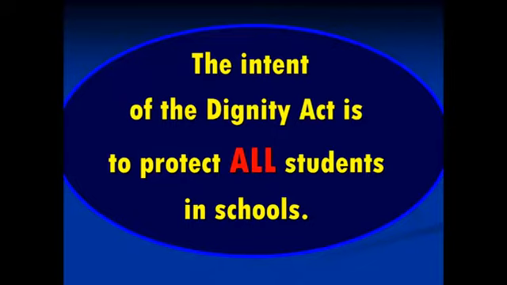A student whose parent may be incarcerated cannot be subjected to harassment due to that family circumstance. These represent just a few examples of situations in the "but not limited to" category.